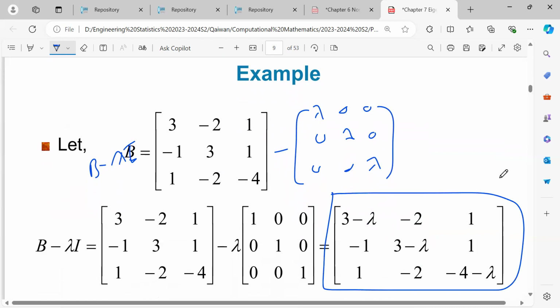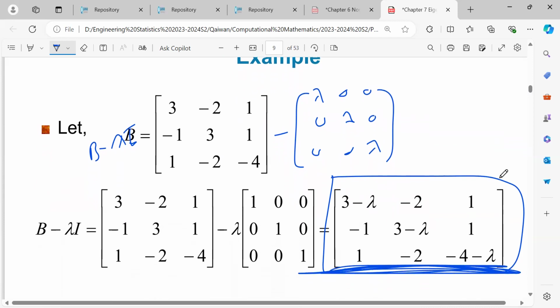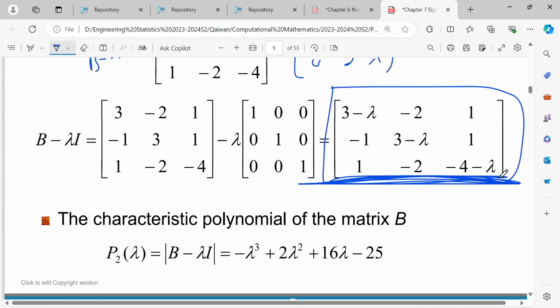We could use any method to find its determinant. And we studied how to find the determinant of a matrix in chapter 1. The determinant of this matrix is P of lambda. That's it. The roots of this polynomial are the eigenvalues. Here we have 3 eigenvalues. For a polynomial of degree 3, we have 3 solutions.